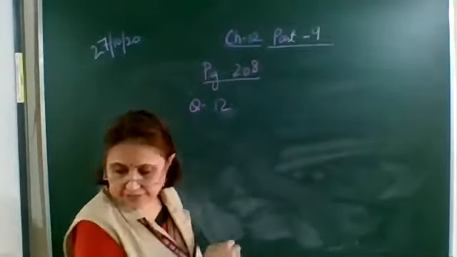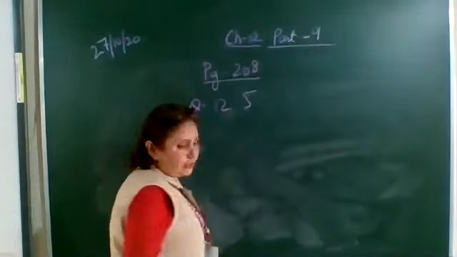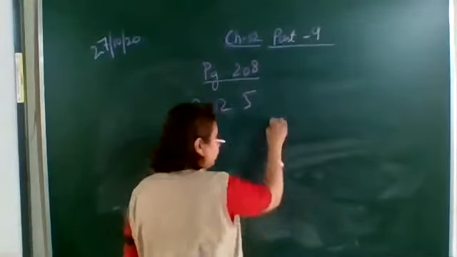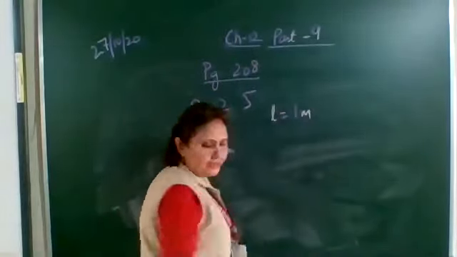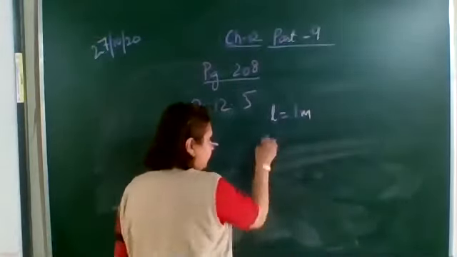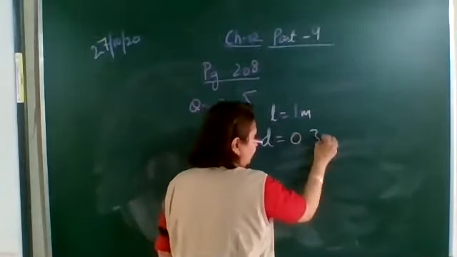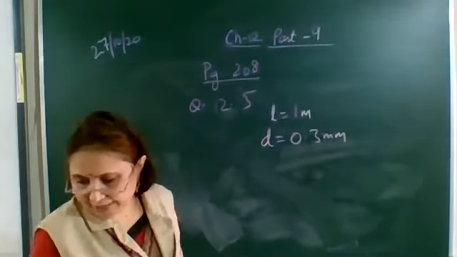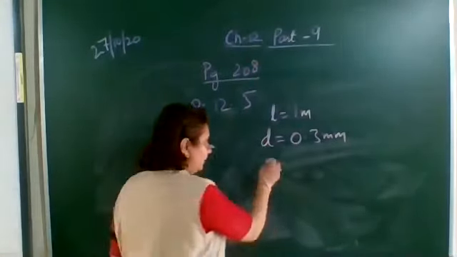Example 12.5. Let's write what physical quantities are given. Length is 1 meter. Diameter of the wire is 0.3 millimeter. You have to find out the resistivity of the material.